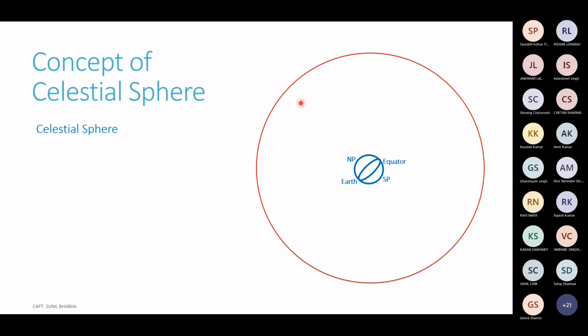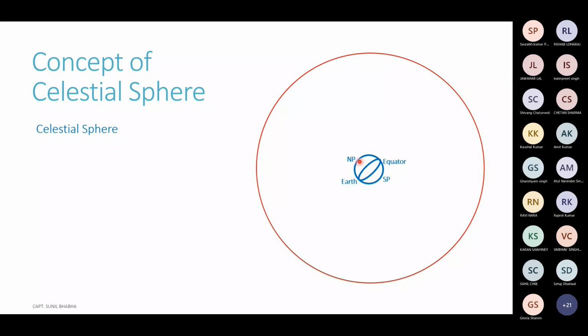On the surface of Earth, the references which we use are the equator. We can specify the latitude of a position using the equator. The latitude basically tells us how much north or south of the equator a particular position is. And the second reference which we use are the meridians.